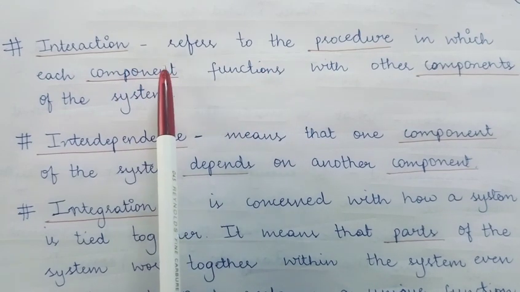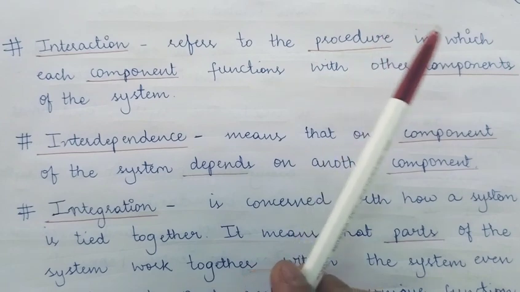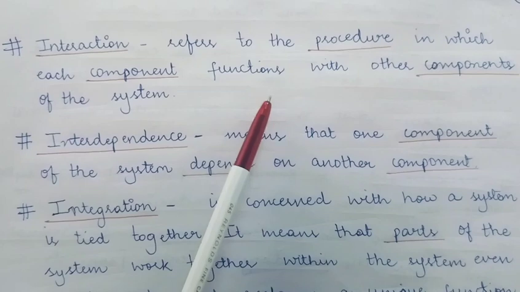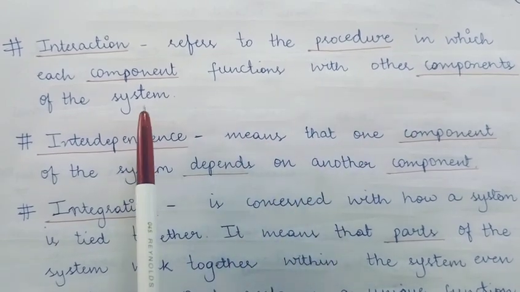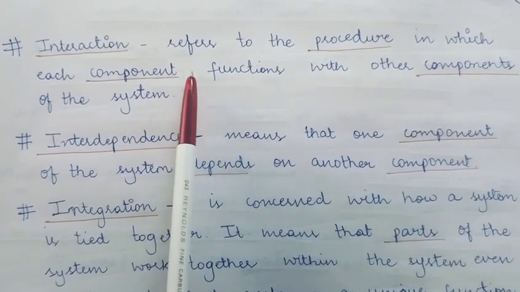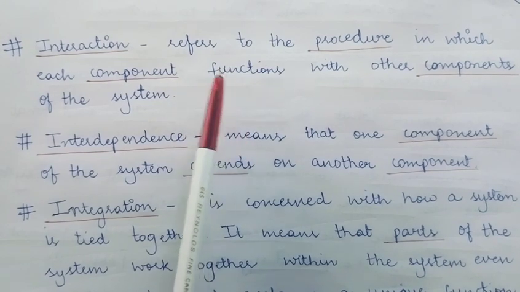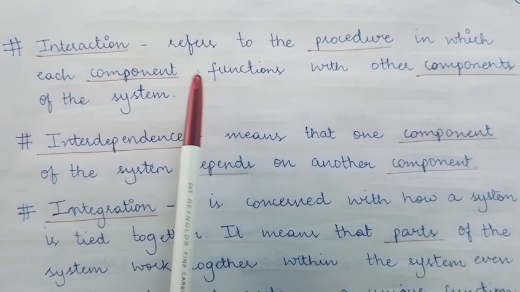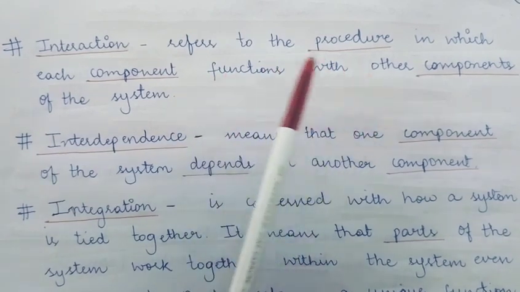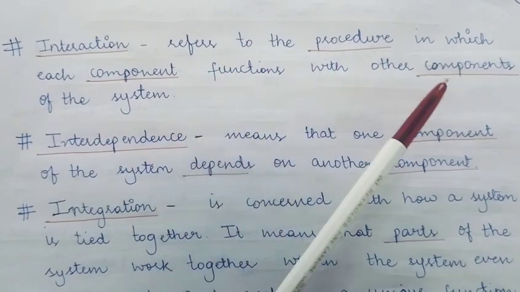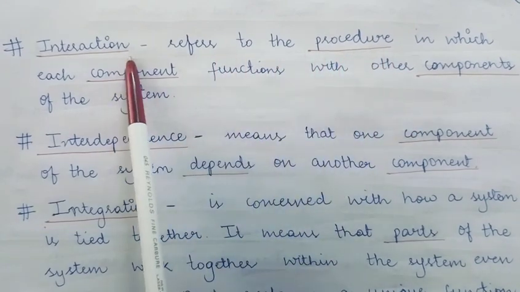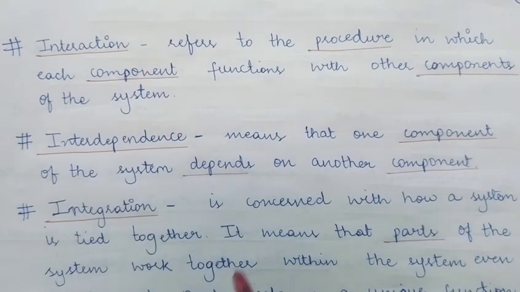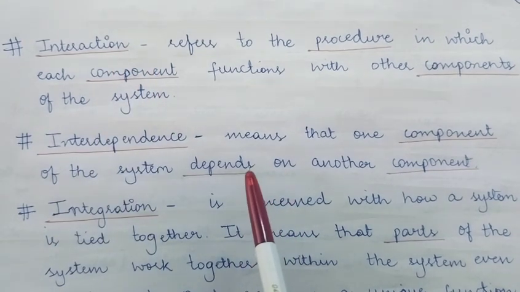Interaction refers to the way in which these components function with other components of the system, because all these components do their own share of work, but still they are interdependent upon each other. So it is this functioning of one component with another which is defined by the interaction characteristic of the system.